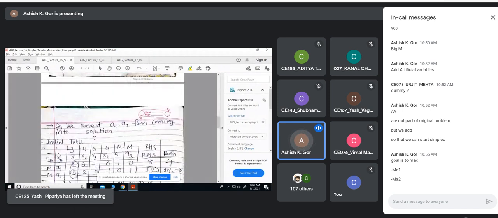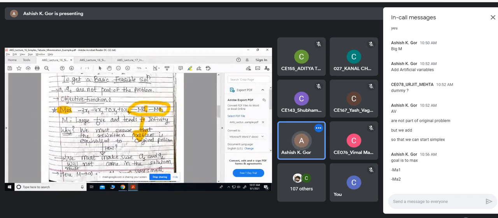Okay, so which means that I need to make sure this M, practically this M should be a large number, so that A1 and A2 will not come into a solution.